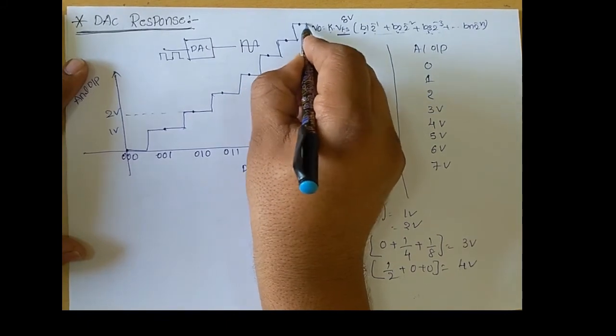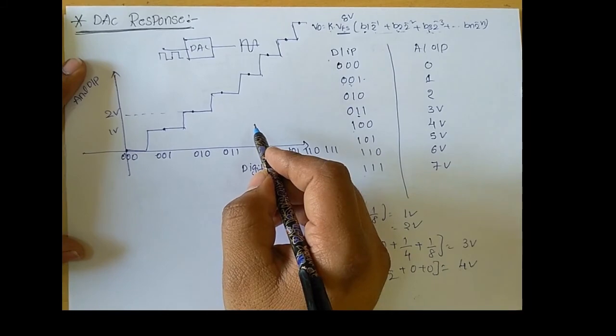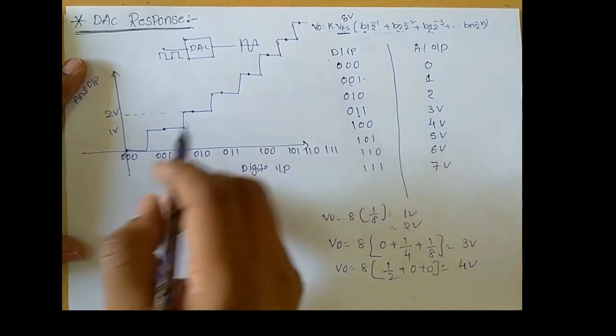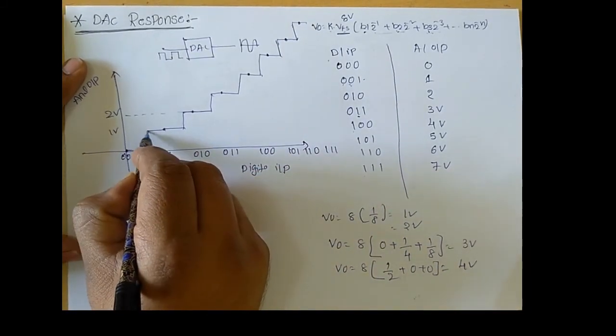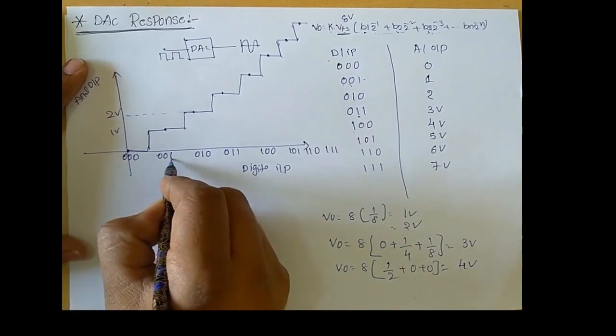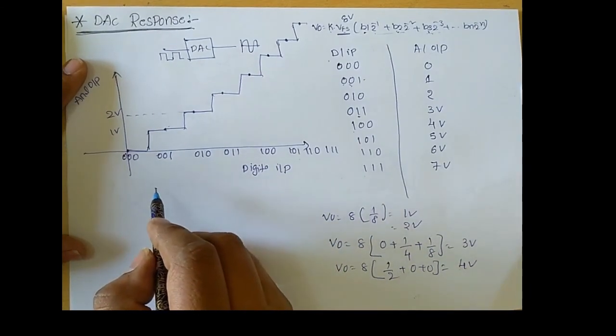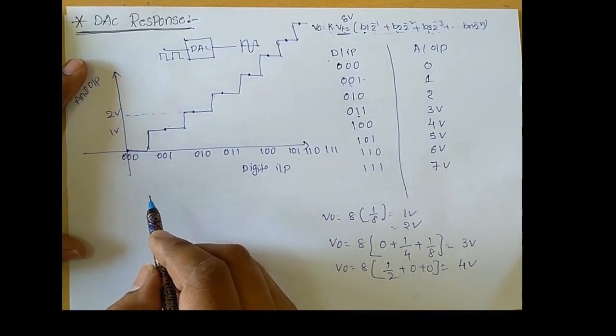Now observing this DAC response, it looks like a staircase signal. This is what we consider the step size. With respect to the LSB bit change, the output also changes. In this way we draw the DAC response. Okay, thank you.